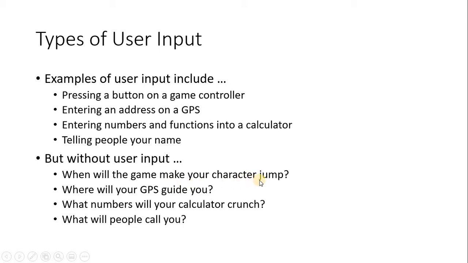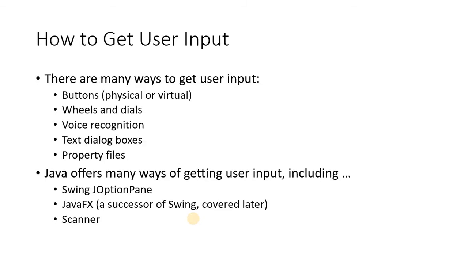Where will you get the GPS guidance? Without your location there is no guidance. Without any number there is no calculation. Without your name there is no way to call you. So input is needed, always remember.